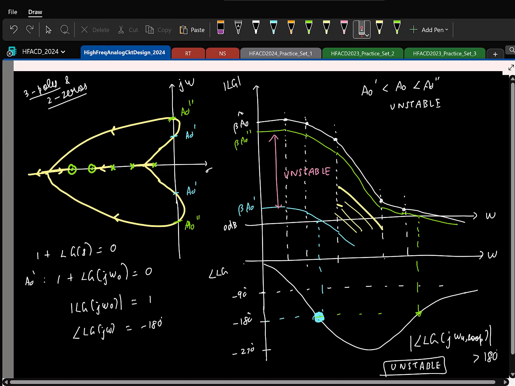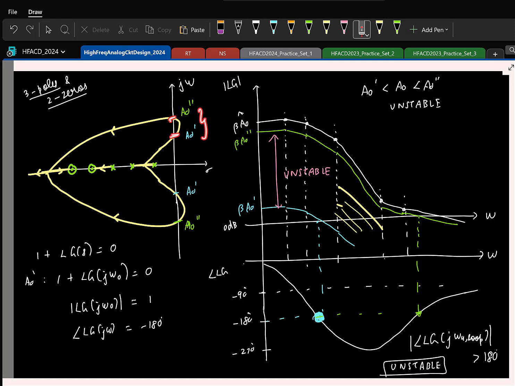I have just taken this root locus and tried to sketch the corresponding Bode plot. I have taken these 2 points because here is where I have the unstable region. And as we saw, if I change the DC gain, only the magnitude plot scales. So these are the 2 magnitude plots for which the poles lie exactly on the j omega axis. Any magnitude plot in this region is definitely unstable.